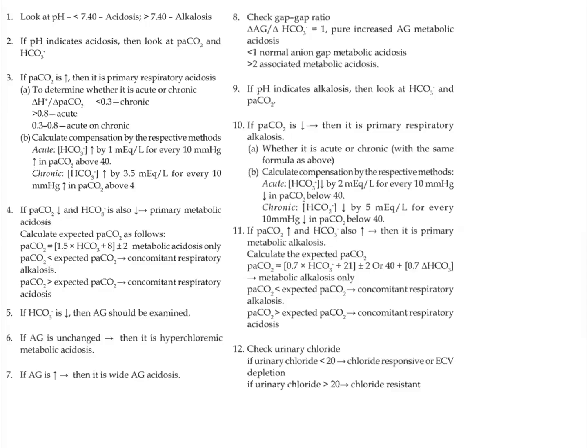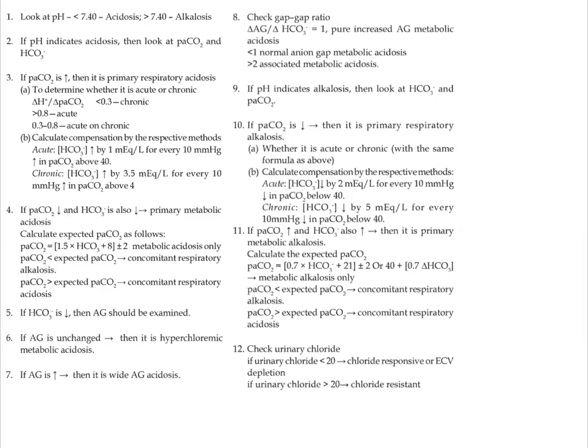You should go to the next step to see if there is any associated or mixed disorder involved in this metabolic acidosis, for which you're going to calculate your gap ratio. So what is gap ratio? It is delta anion gap by delta bicarbonate.